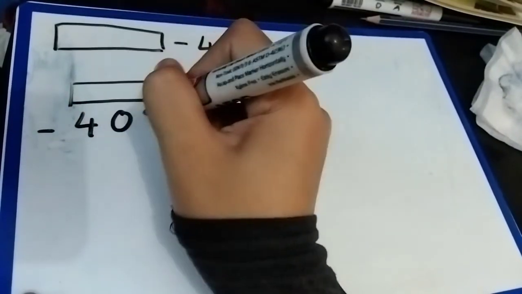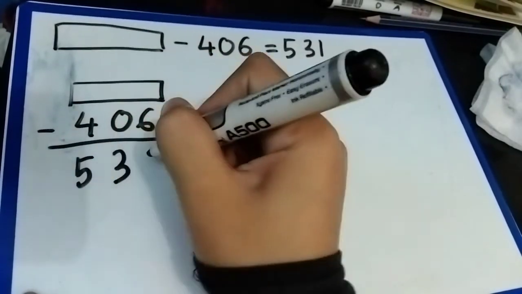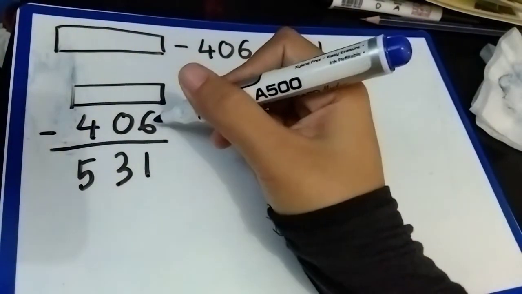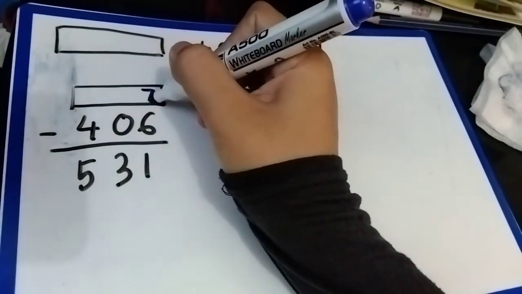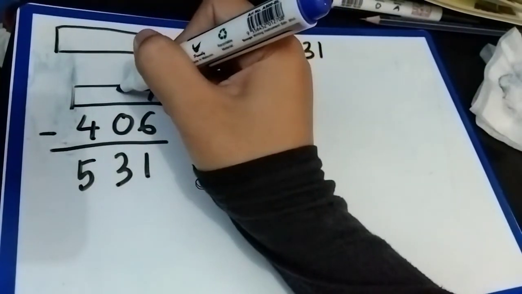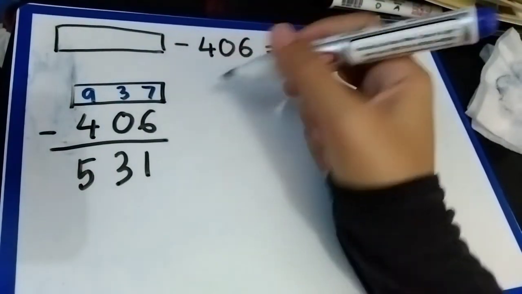First you write down, is equal to 531. How to calculate? Okay, 1 plus 6, 7, 3 plus 0 is equal to 3. 5 plus 4 is equal to 9. Okay, so the answer is 937.